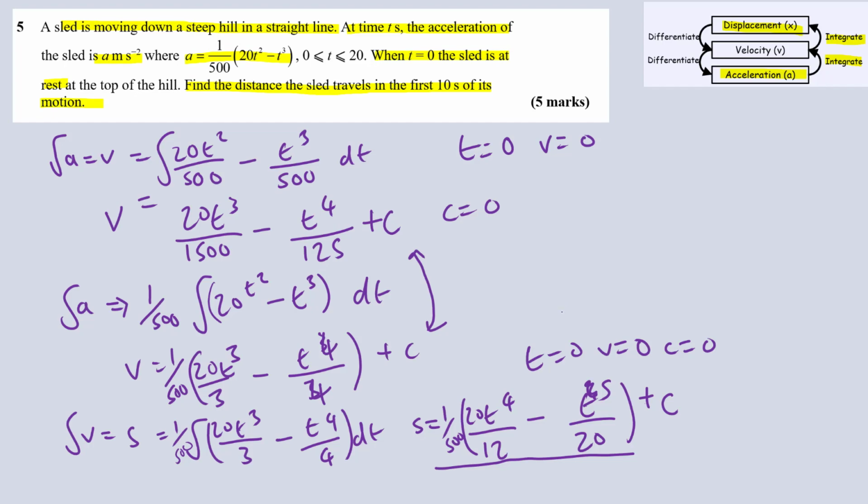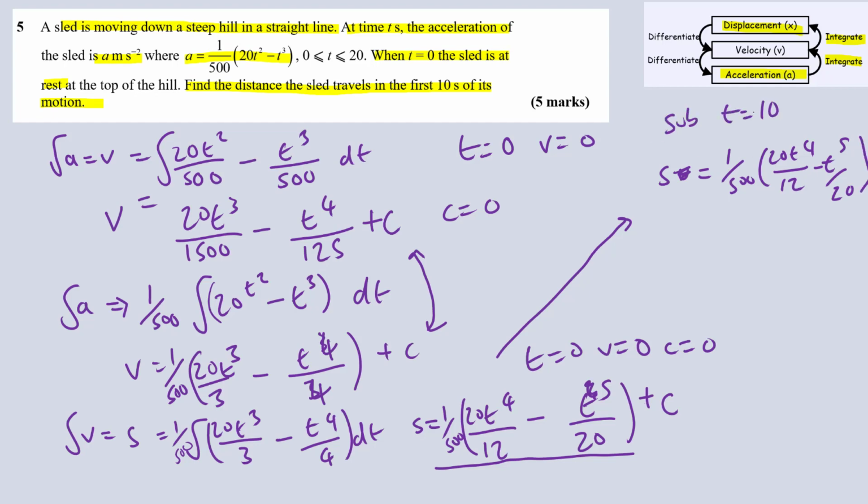Now, let's draw a line here and make that clear. S equals 1 over 500, 20t to the 4 over 12, minus t to the power 5 over 20. So we sub t equals 10 in here.